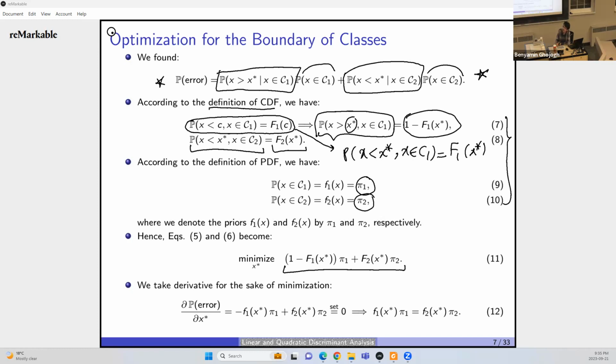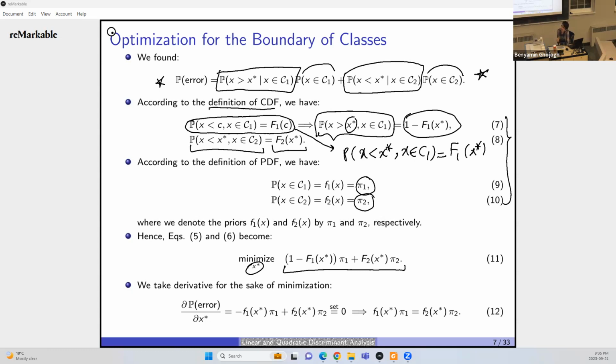I want to minimize this probability of error with respect to X star. Right? Regression minimizes the absolute error, right? Here we minimize the probability. So here we should minimize something which is bad for us in machine learning, or maximize something which is good for us. Here, what is bad for us? The probability of error. Depending on what cost you choose, you will end up with different algorithms.